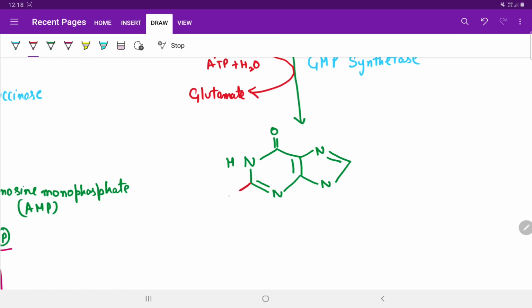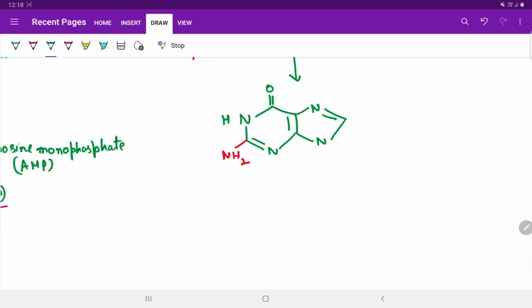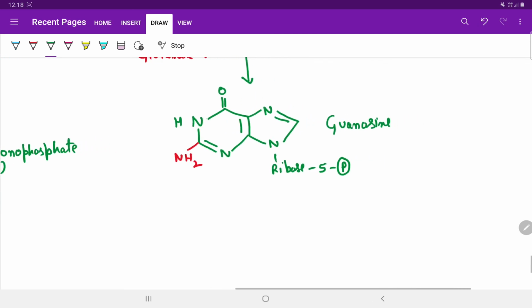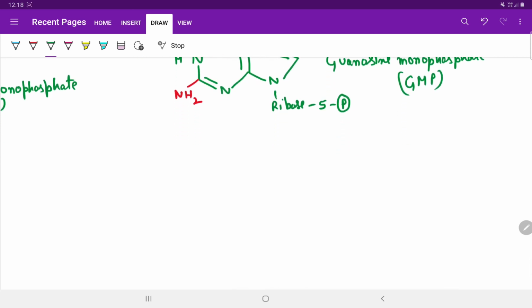So an amino group NH2 will be added here. So this is known as guanosine monophosphate, also known as GMP. From here we can derive the structure of guanine by just removing the ribose 5-phosphate molecules.